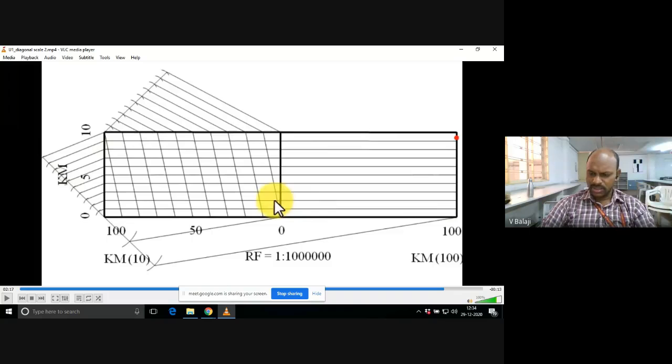Sometimes such problems will exist. Understood? Yes, sir. More precise compared to the plane scale, we can say. So you can mark with greater accuracy.